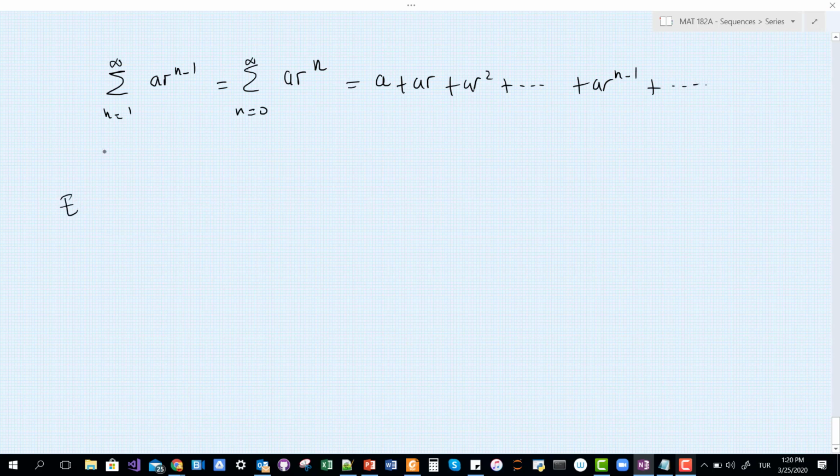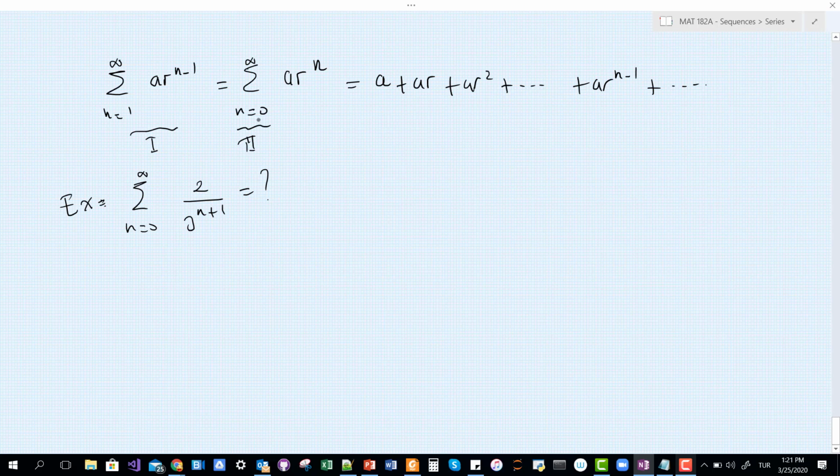And then look at that. Instead of starting at 1, if I had an example, look at this, starting at 0, what I would do, like in this example, n is equal to 0 to infinity, 2 over 3 to the n plus 1. Since my index starts at 0, instead of using the first form, I need to use the second form.